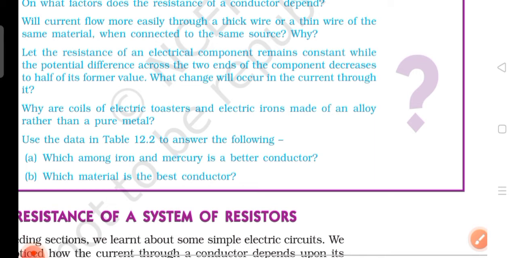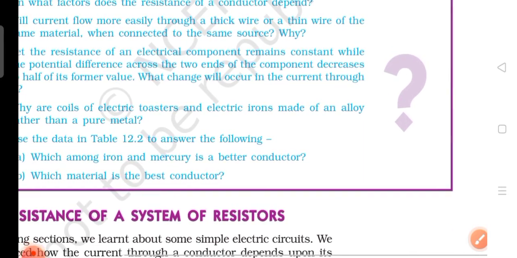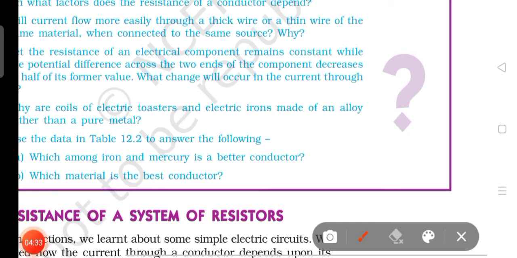First of all we'll see the original formula: V is equal to IR. This you know.